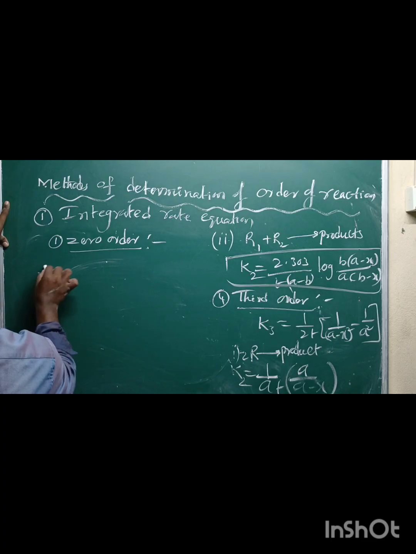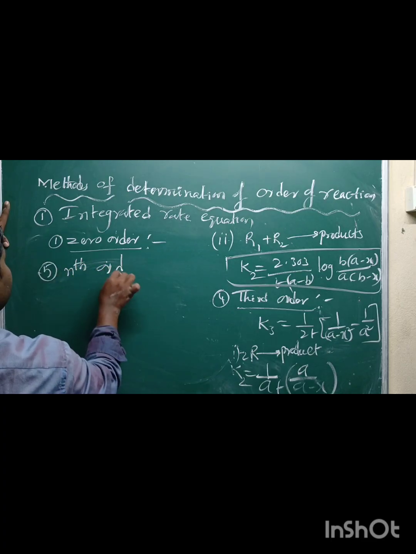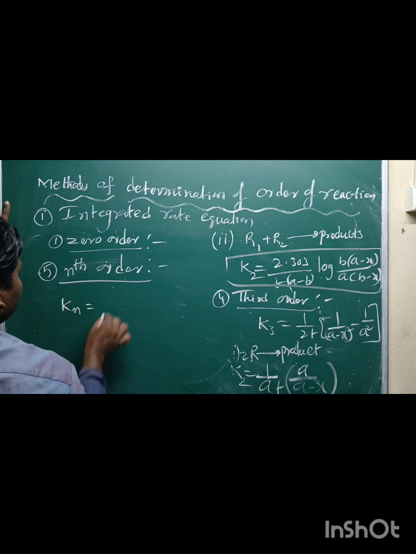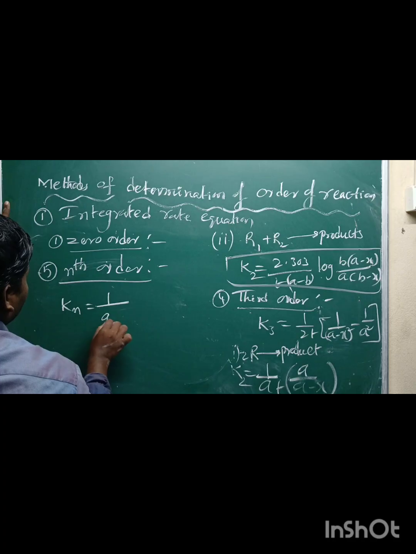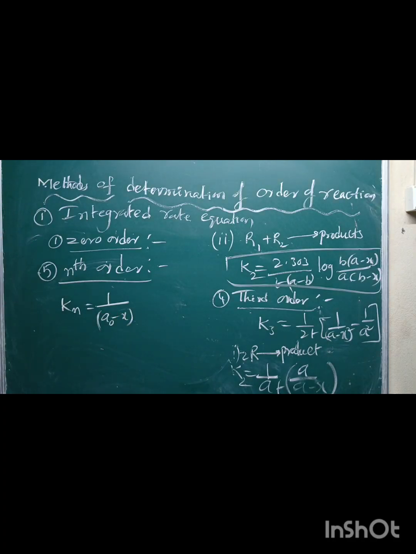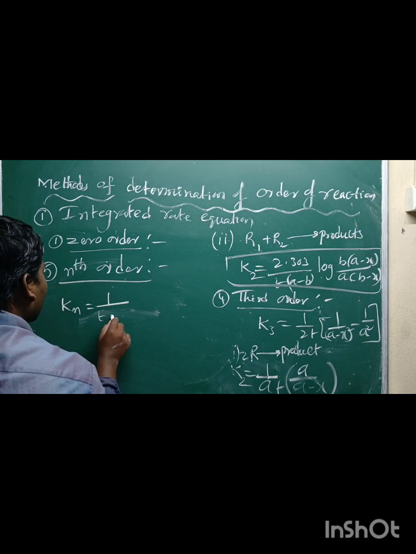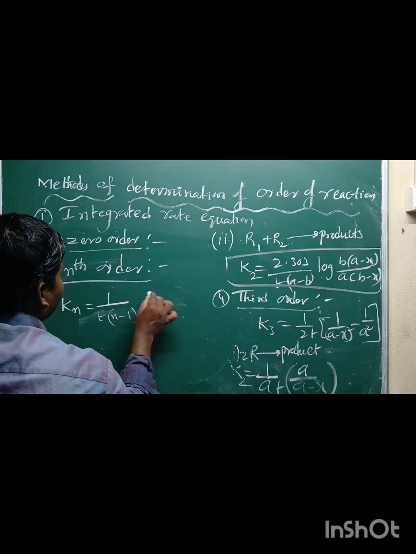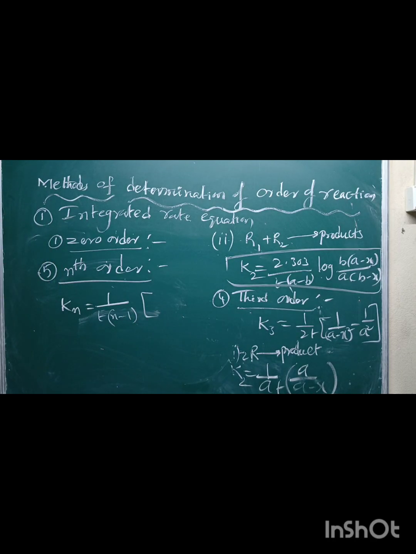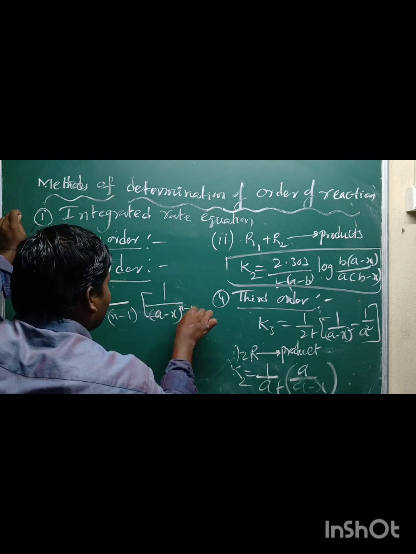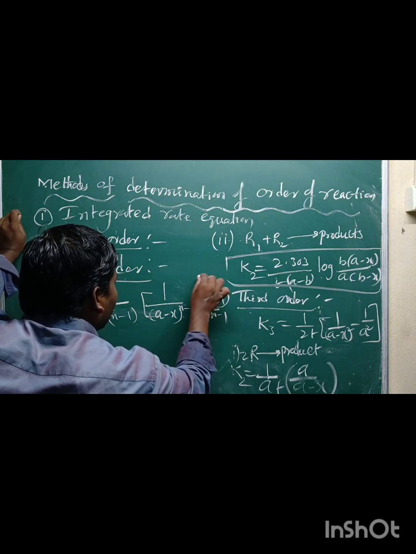For nth order, Kn is equal to 1 by (n minus 1)t into [1 by (a minus x) power n minus 1 minus 1 by a power n minus 1].